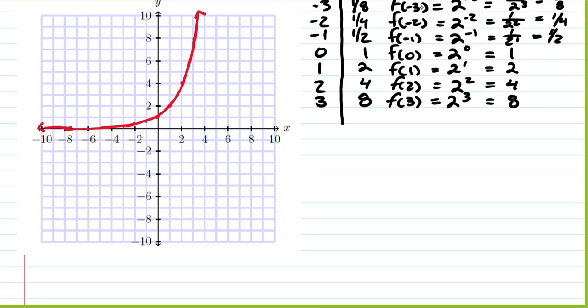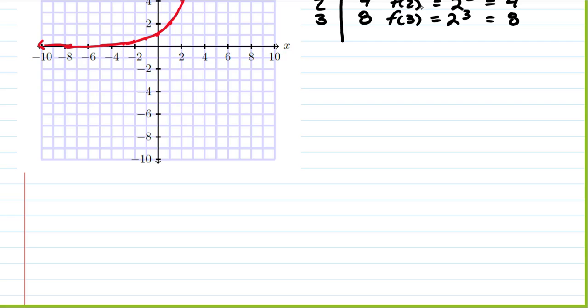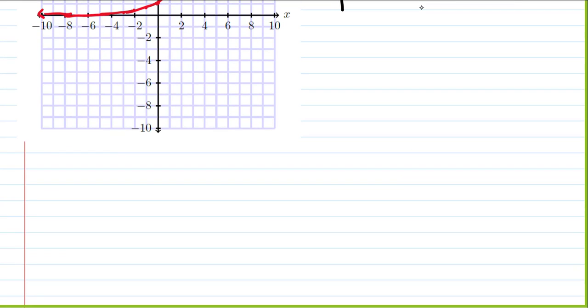All right. So one of the examples of exponential growth is called compound interest. But before we start talking about compound interest, let's see if we can figure out where it comes from. So let's start with simple interest.